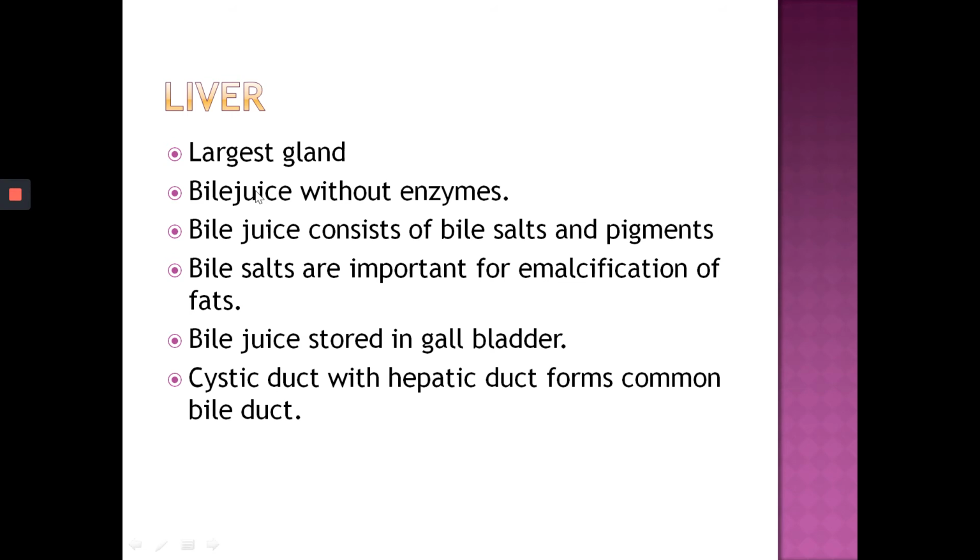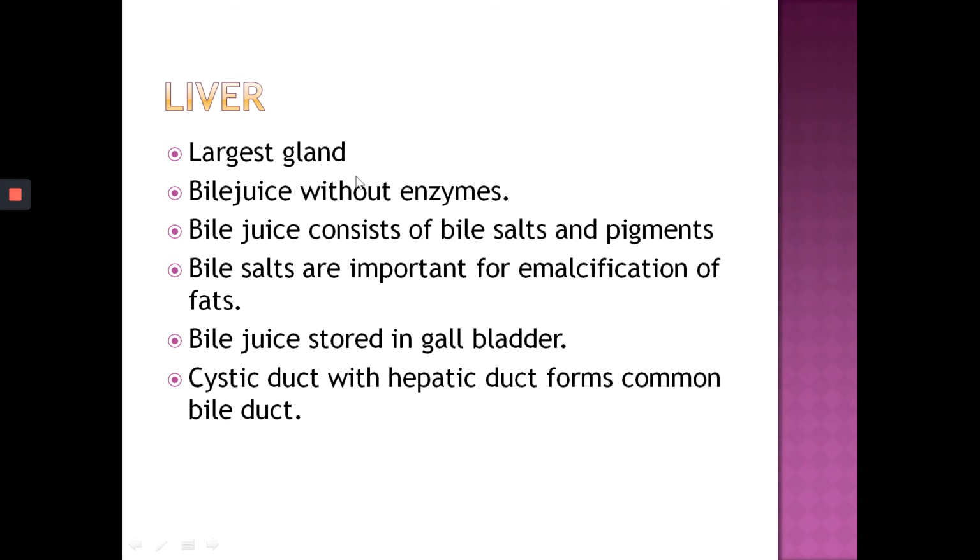The juice which is secreted by the liver is bile juice. This is the juice without enzymes. Up to intestinal glands, we observe that the juices contain enzymes; one or more enzymes are present.